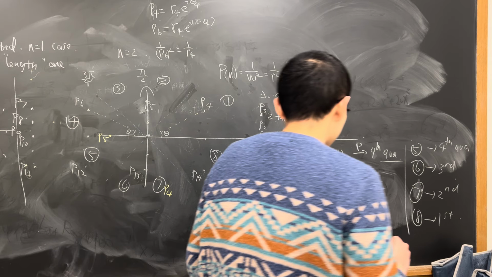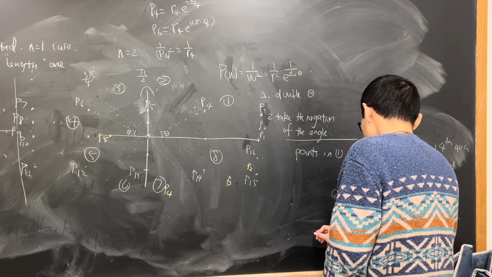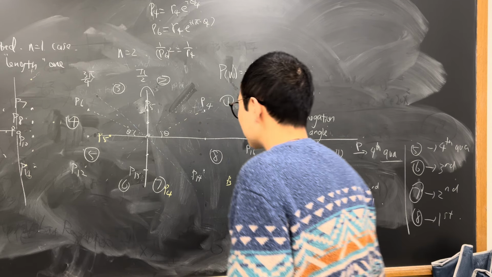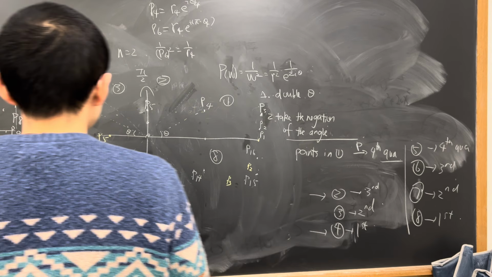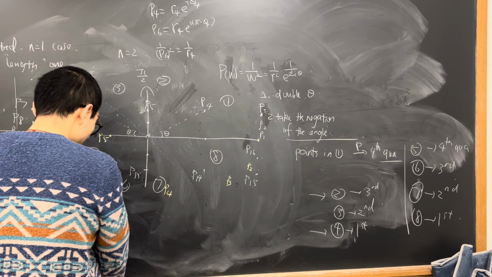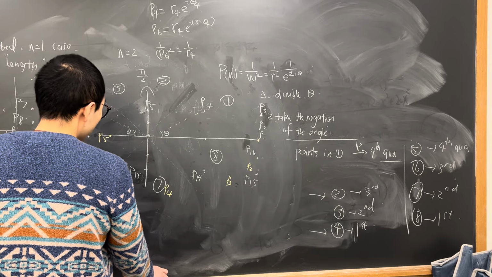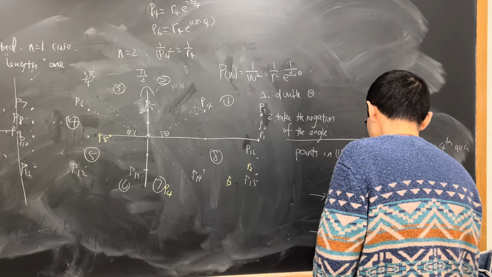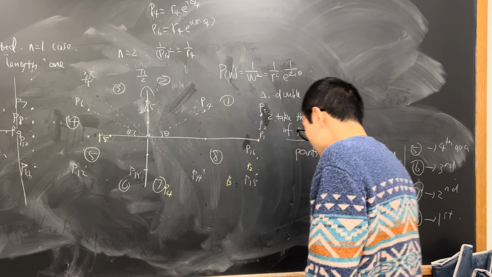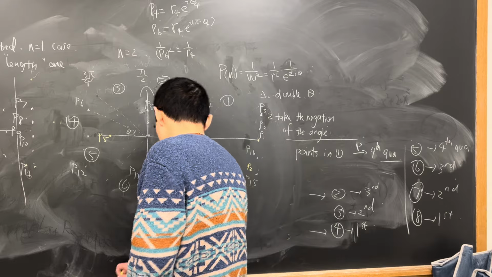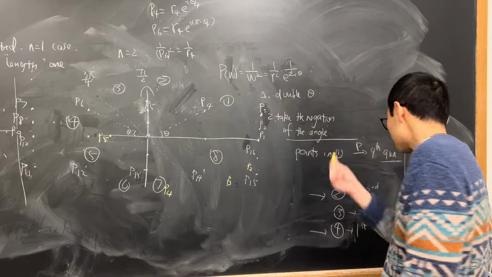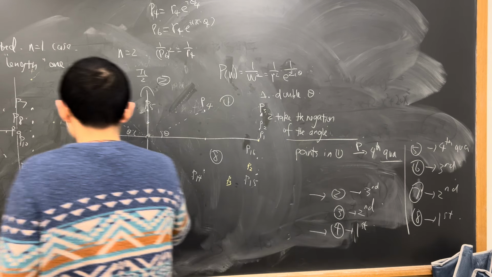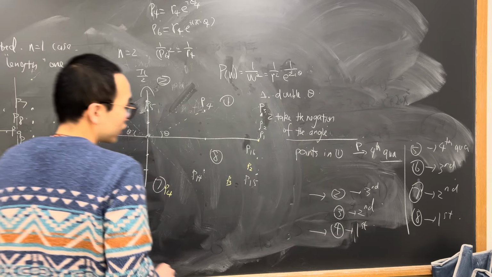Then I'm labeling, so the first quadrant, I will use the yellow color. So this eventually is 4, so it maps into the first quadrant.